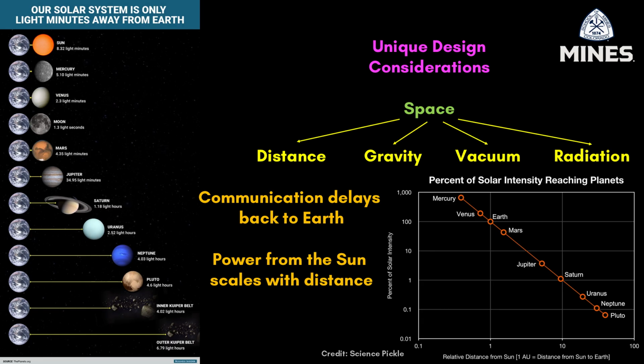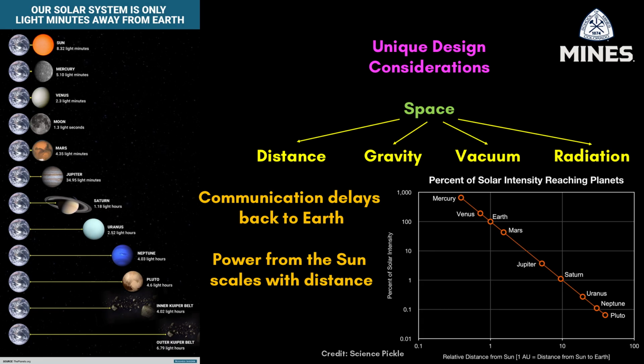The signals that we send from these planetary bodies move very quickly at the speed of light, but that still takes time, which manifests as a communication delay between when a signal is sent from a spacecraft to when that signal is received by a ground station here on Earth. These communication delays are how long we should expect a lag in a robot receiving a command from Earth, or how long we should expect to wait for data to be downloaded or downlinked from space.